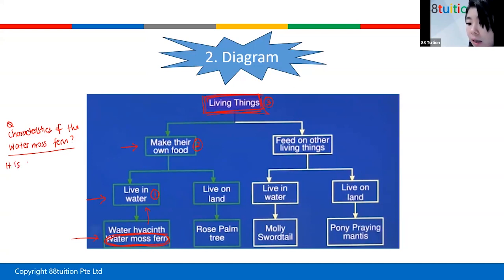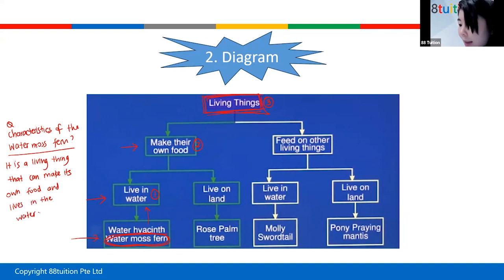It is a living thing that can make its own food and lives in the water. You can see in my answer, I have 3 characteristics.